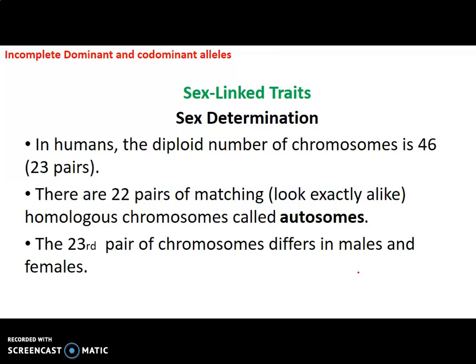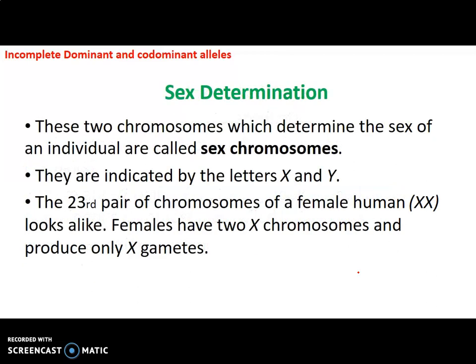Out of these 23 pairs, 22 pairs are called autosomes. These autosomes look alike; you cannot differentiate them from each other. But the 23rd pair is the one we call the sex chromosomes, and they are the ones used to determine sex.